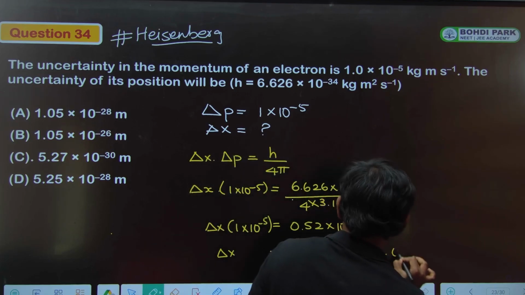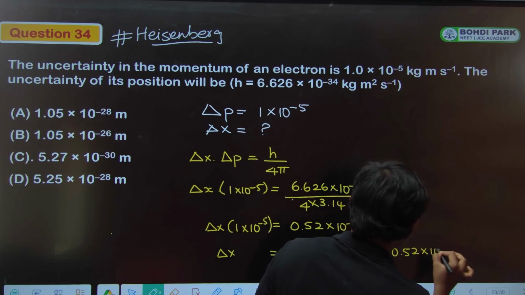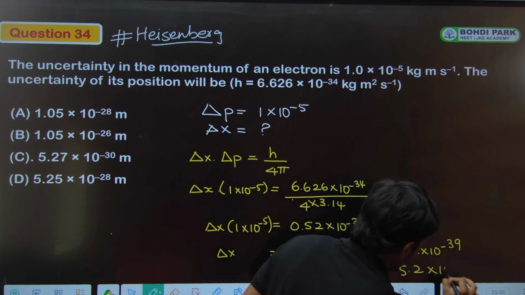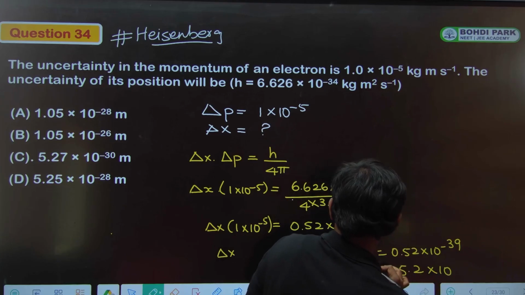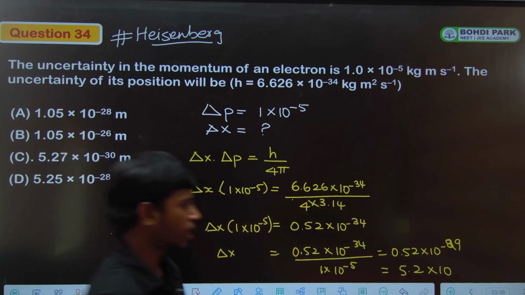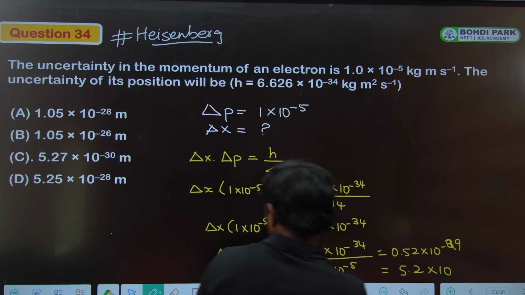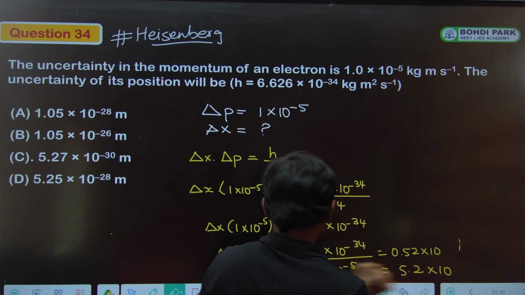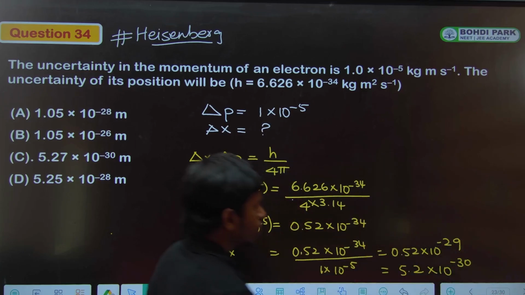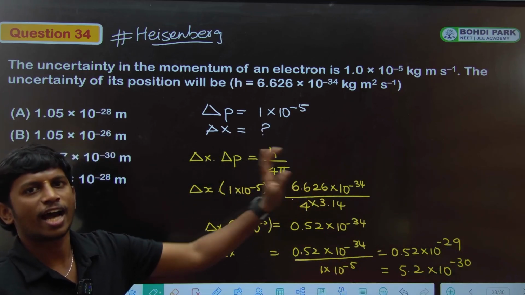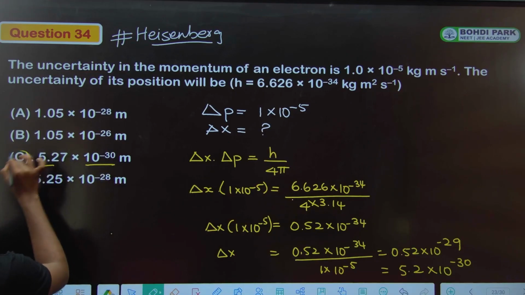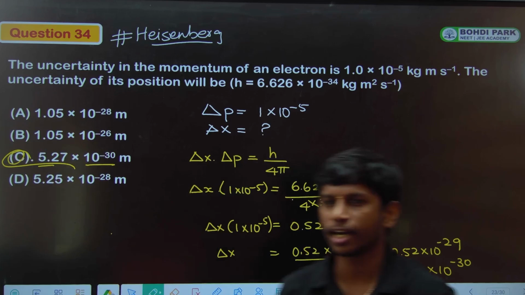So we can write 0.52 into 10 to the power -29, or we can also write 5.2 into 10 to the power -30. So this is our delta x, the uncertainty in position. Okay, what is the correct answer? 5.2 into 10 to the power -30 meter. Option C is our correct answer.